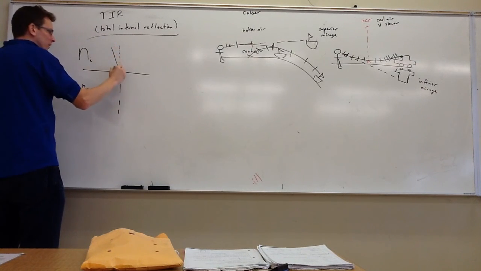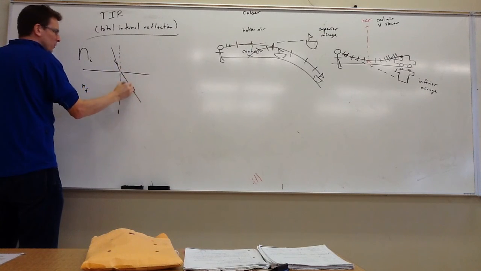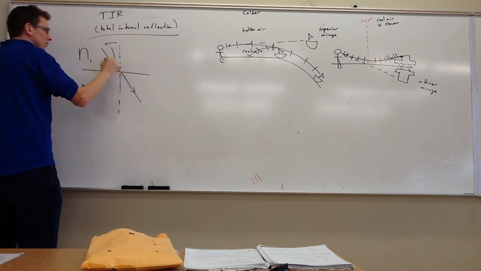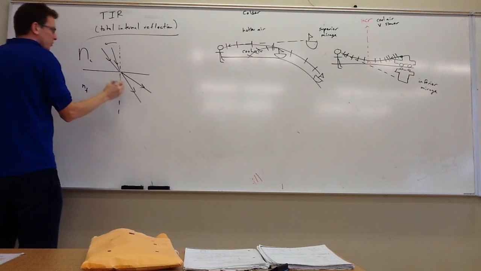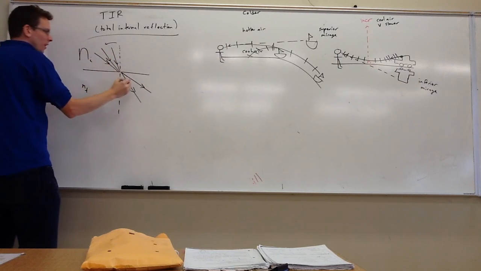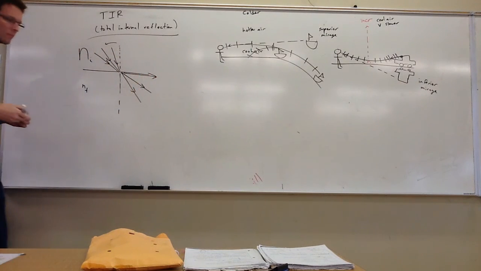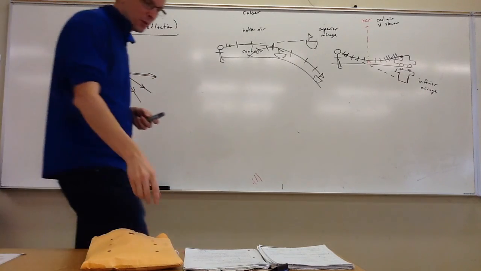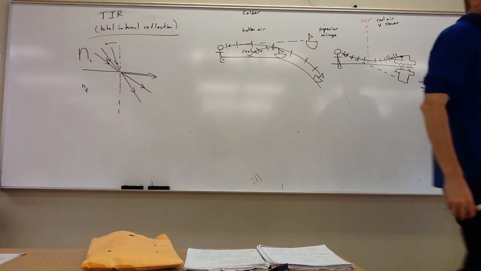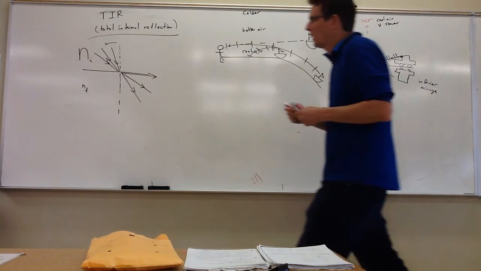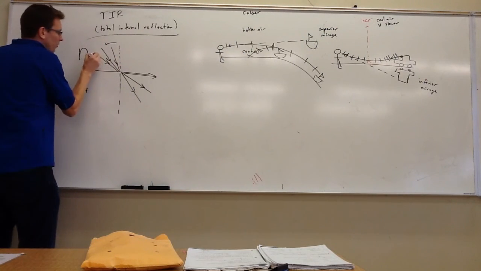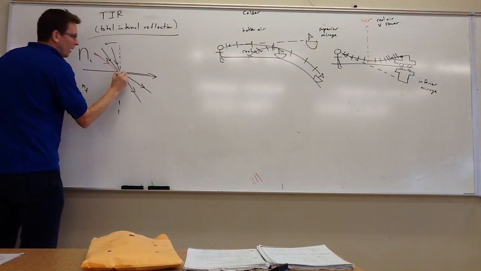If you have a small angle, light bends away from the normal. If you make that angle bigger, then light will bend even more away from the normal. And if you make that bigger, then at some point, you bend so far away from the normal that you actually never make it into the second material. So that is where I'm interested in talking about this.